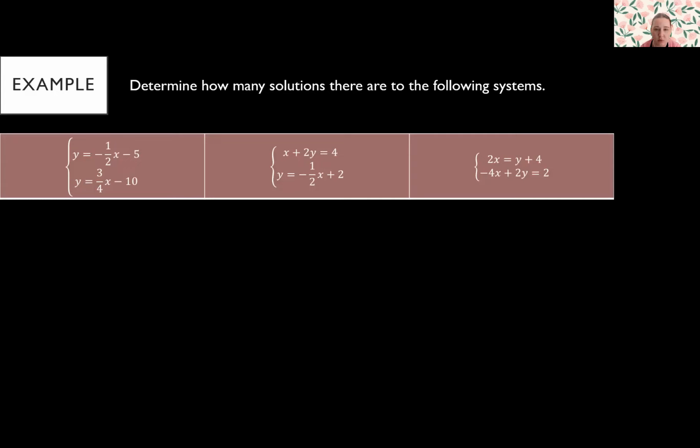And then y equals 3/4 x minus 10. So to determine how many solutions there are, you really want to first determine what the slopes are. So what are the slopes for those two lines? This is good practice because you'll need to know this for your final exam. So you can go ahead and type in the chat what the slopes are.